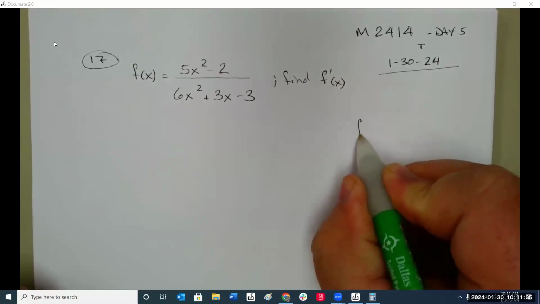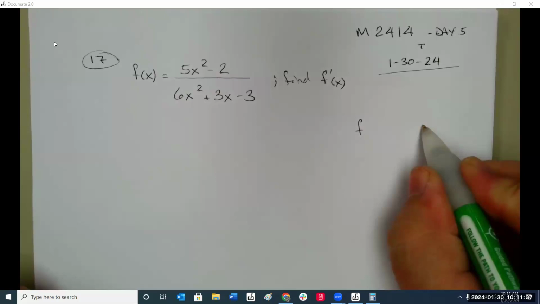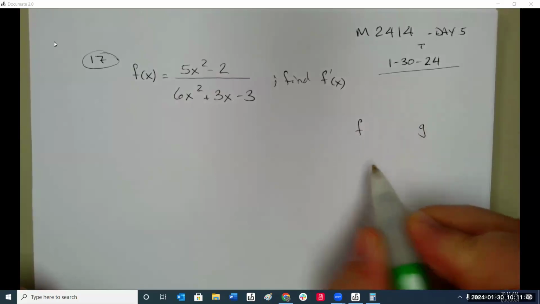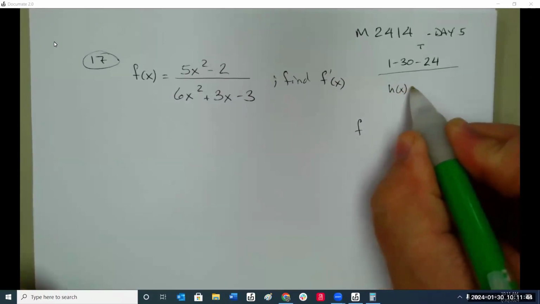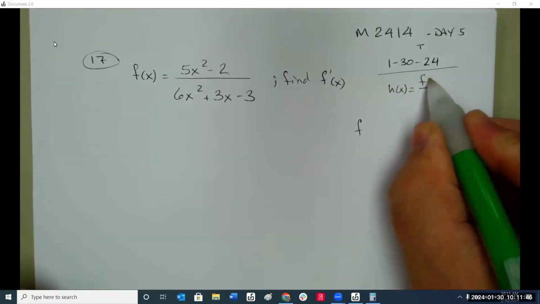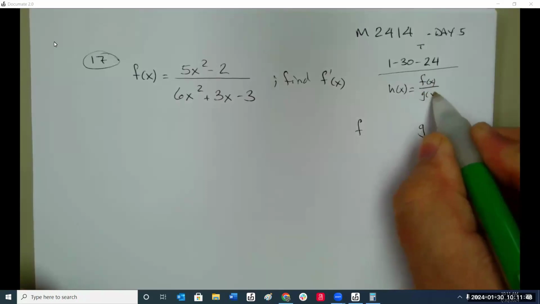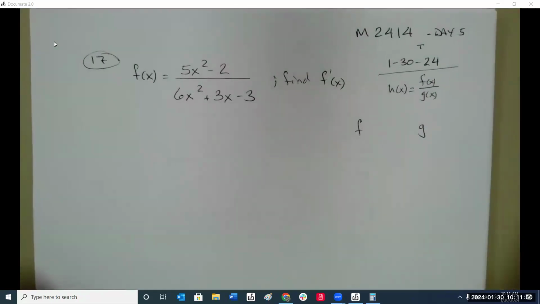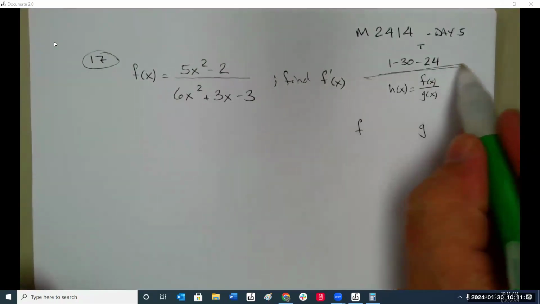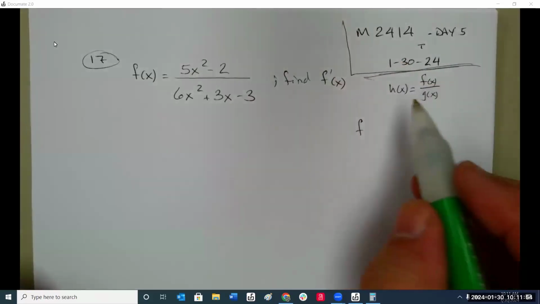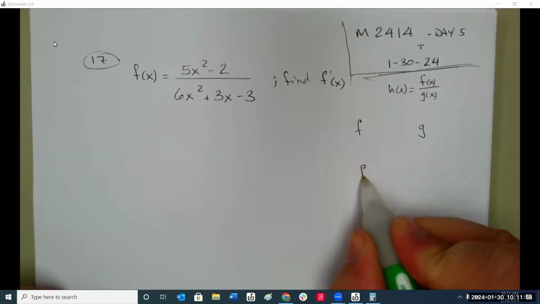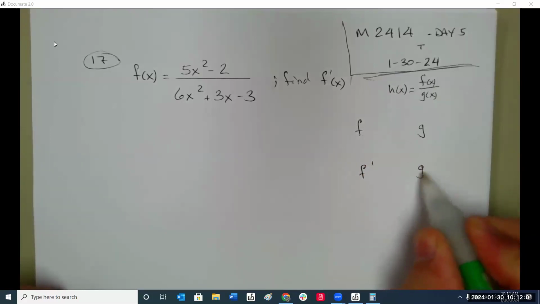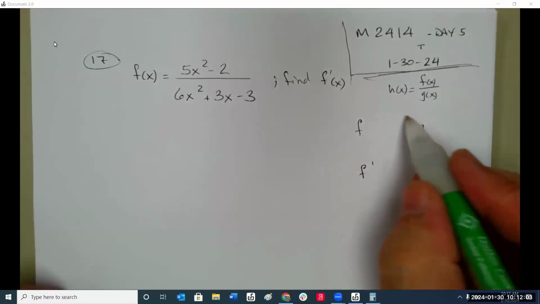The way I always teach my students, we have the f and g, you have h of x equals f of x over g of x. So f here, take the derivative of it, and then take the derivative of the g.